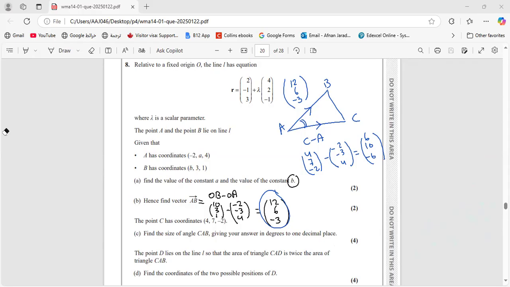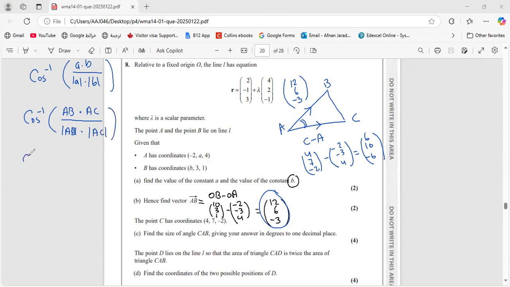To find the size of angle CAB, you will take cosine inverse of A dot B over the magnitude of A times the magnitude of B. In this example, it is AB dot product with AC over the magnitude of AB multiplied by the magnitude of AC.